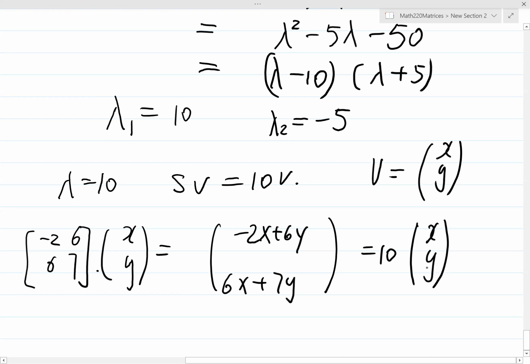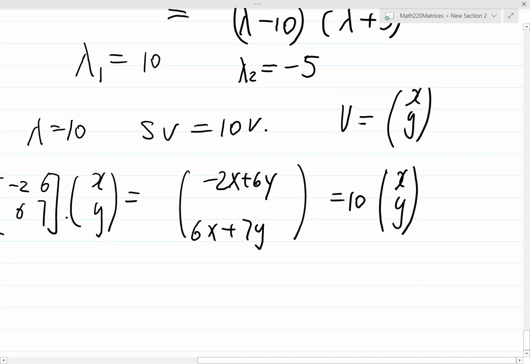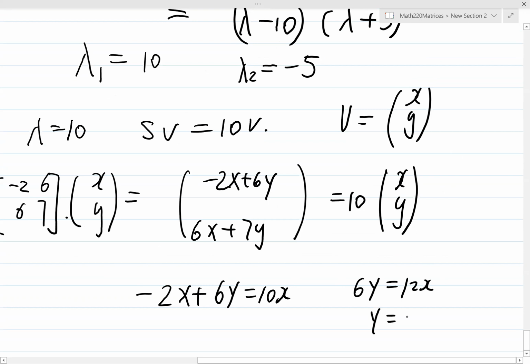Now you can use just one of the equations. Use the first component: -2x plus 6y is 10x. So 6y is 12x, so y is 2x.